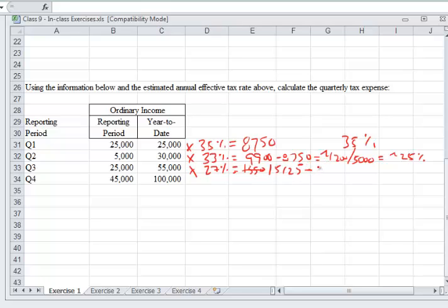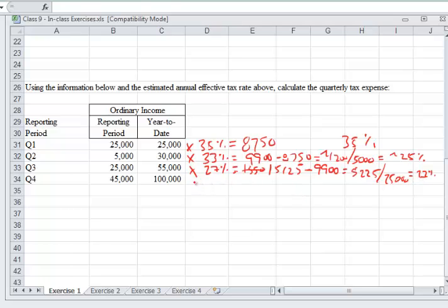I booked 9,900 already, so I have 5,225 to book for Q3, divided by 25,000. So my Q3 rate is slightly over 20%. Call it 22% or something like that. So again, my rate's trending lower.